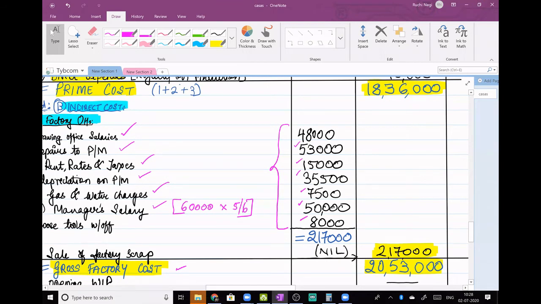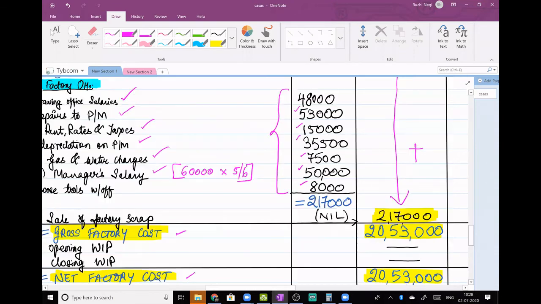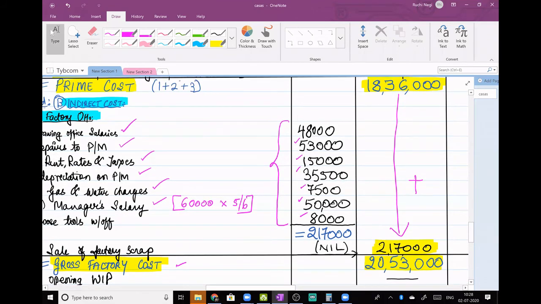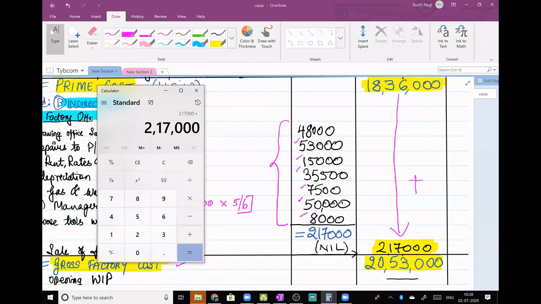Prime cost plus factory overheads is equal to gross factory cost. I repeat, prime cost plus factory overheads is equal to gross factory cost. So 2,17,000 plus my prime cost 18,36,000, so 20,53,000 is my gross factory cost. Clear?